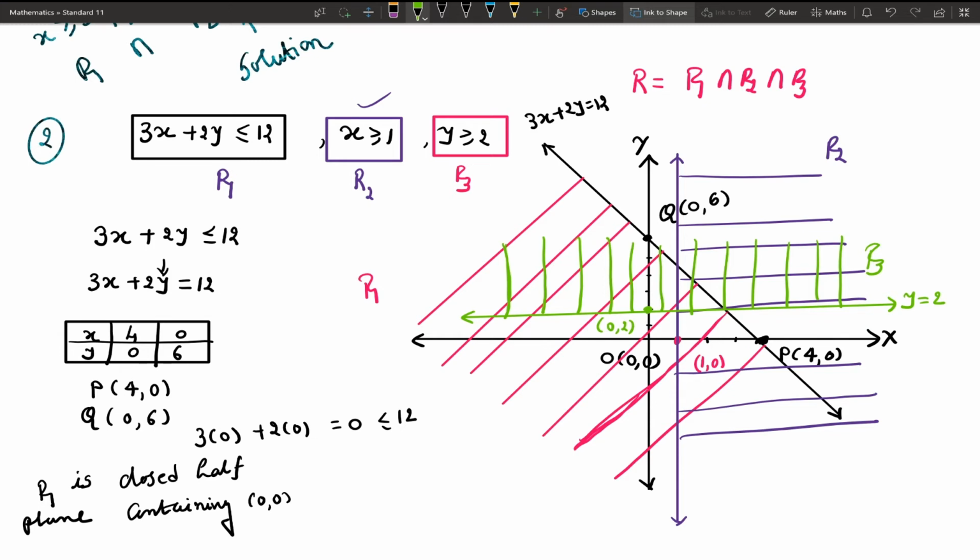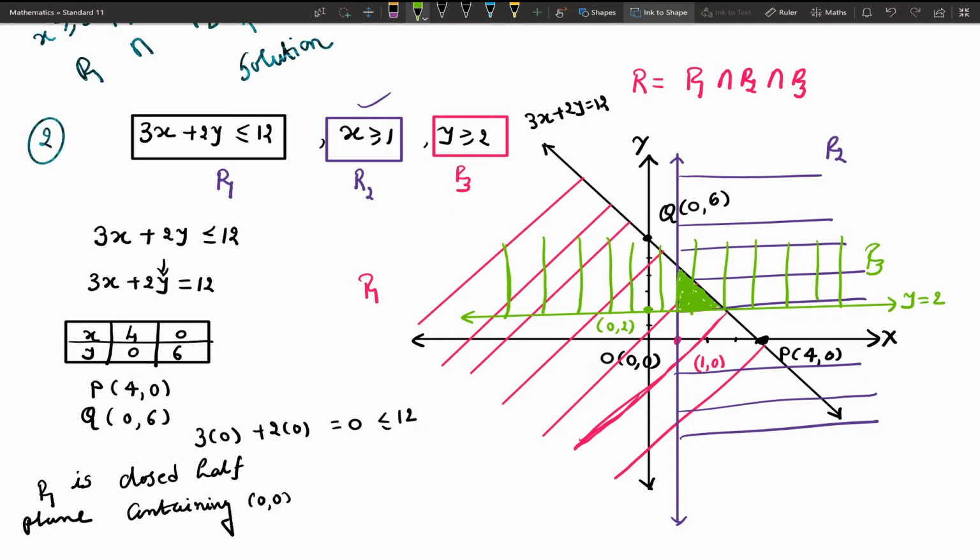So from R1, R2 and R3, you can easily note that R1 intersection R2 intersection R3 will be the region given by these three inequalities. This shaded portion is the intersection of all of them.